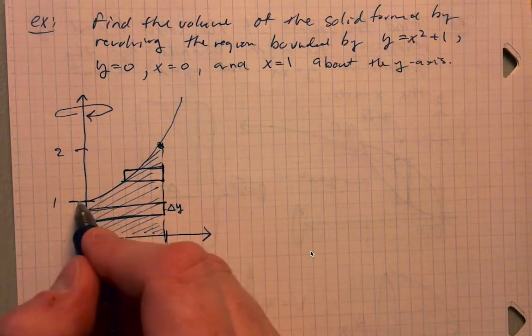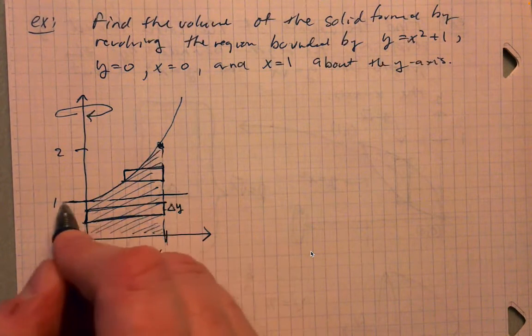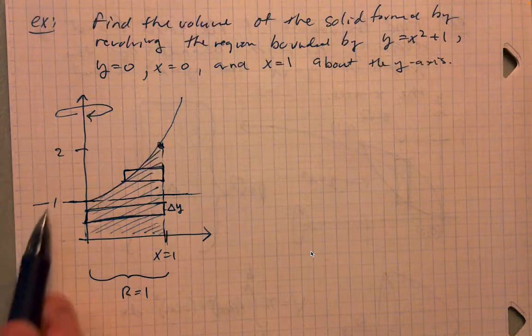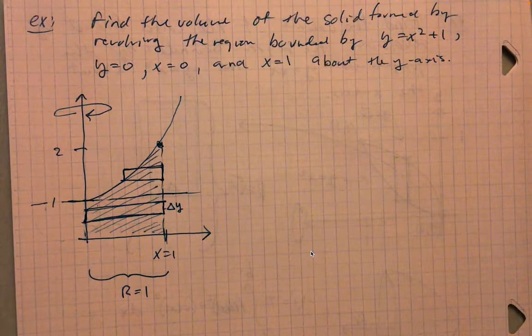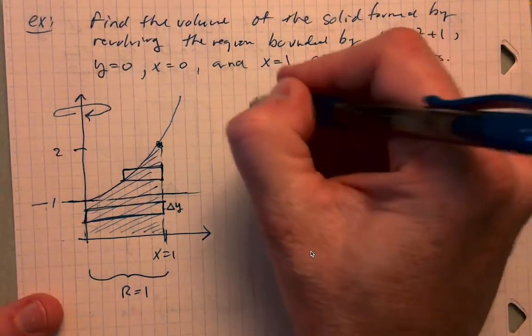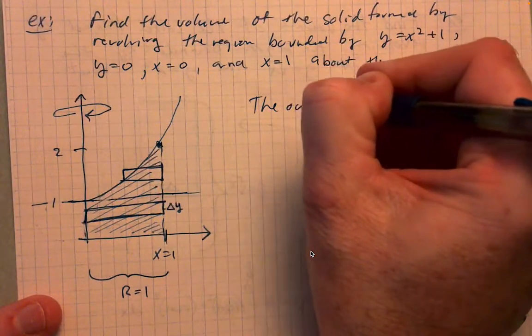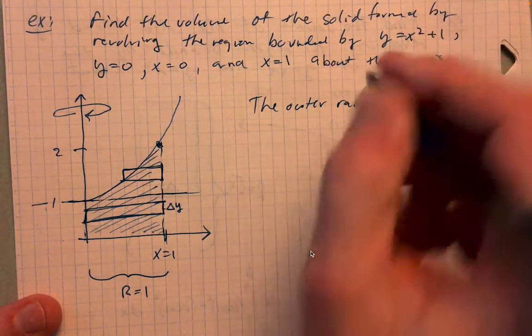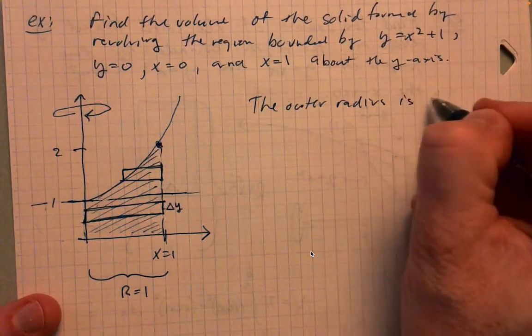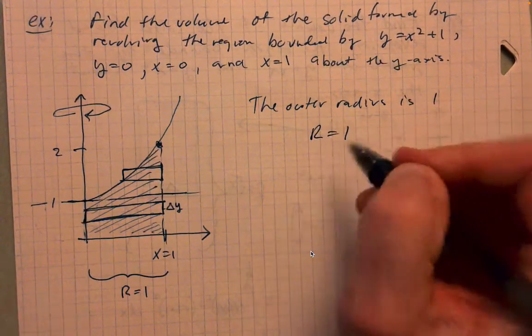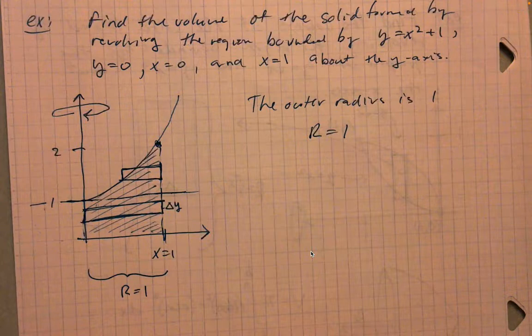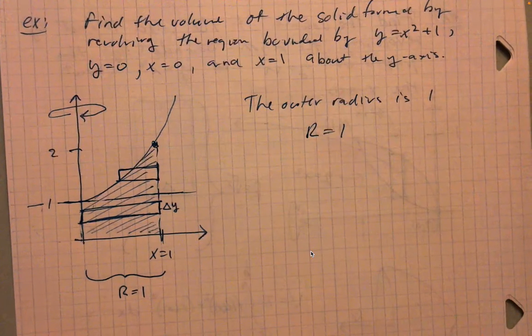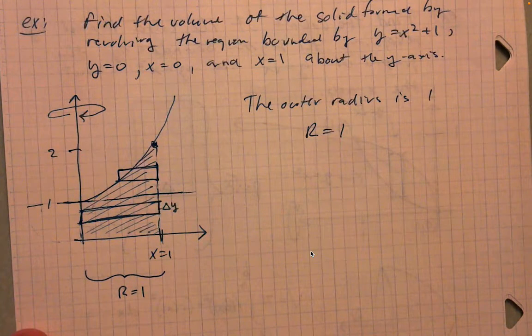So there's kind of two spots here, above and below y equals 1, that have to be considered. So the outer radius, let's summarize here, is simply 1, always. The inner radius has to be considered in 2 regions.